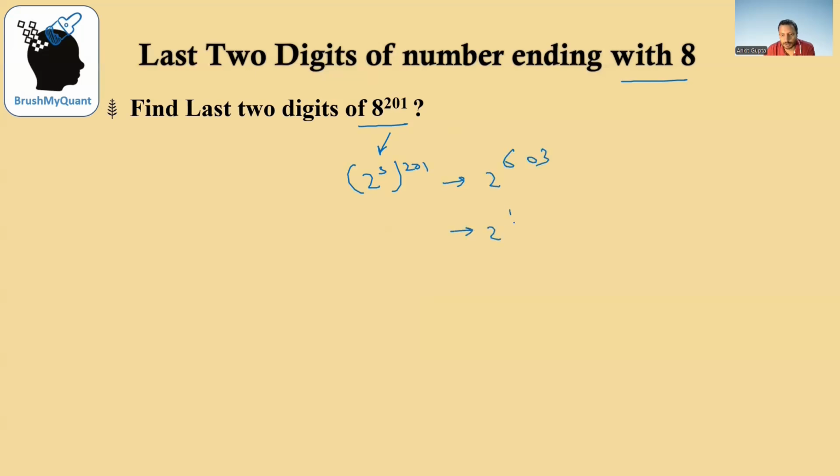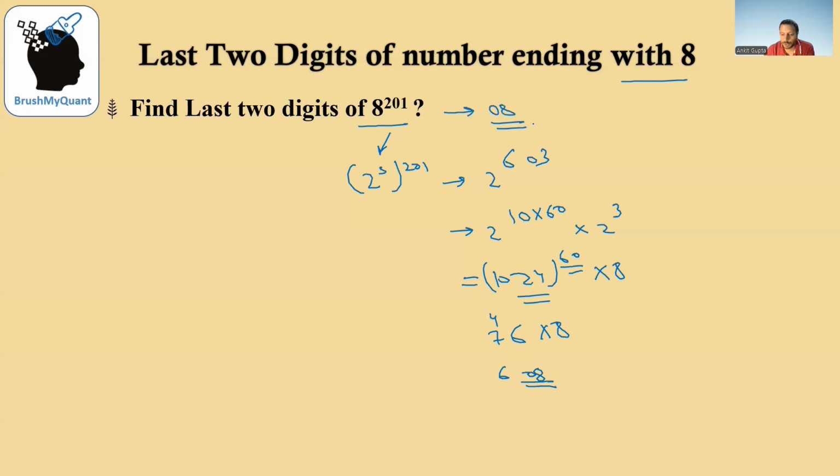This can be written as 2 raised to 10 into 60, multiplied by 2 cube. So this becomes 1024 raised to 60, multiplied by 8. Now 1024 raised to an even power will give us 76 as the last two digits, and this will be equal to 08, right? So the last two digits of this expression will be equal to 08.